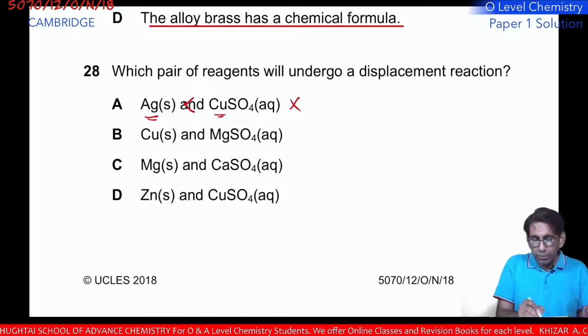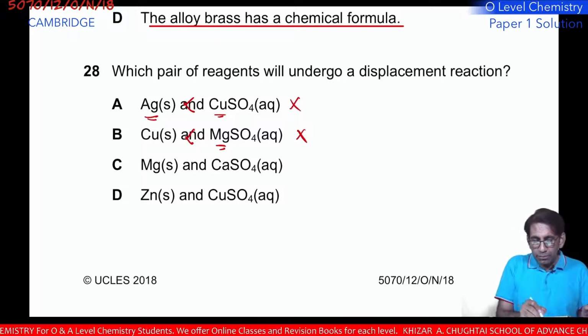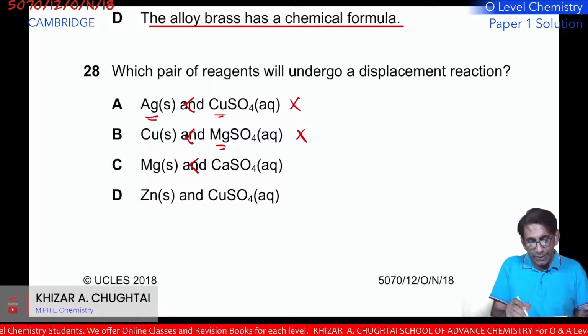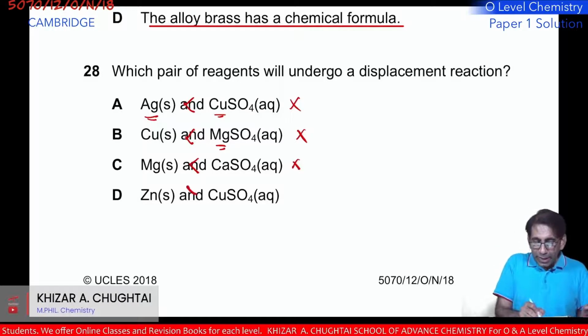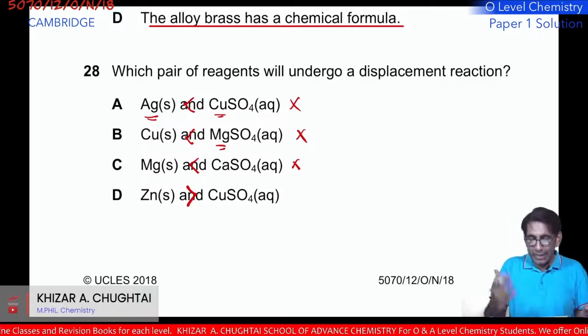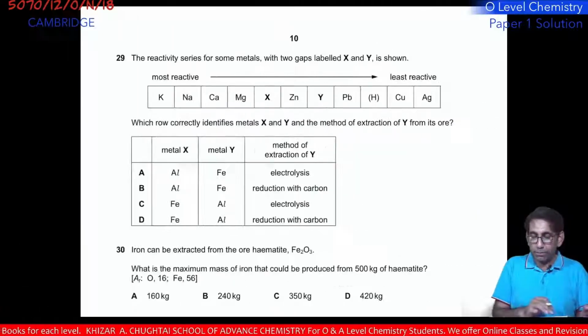Copper and magnesium: copper is less reactive than magnesium, not possible. Magnesium and calcium: magnesium is less reactive than calcium in the reactivity series, not possible. Zinc is more reactive than copper, so it can displace copper from its aqueous solution. Yes, it is true. D is the correct option.